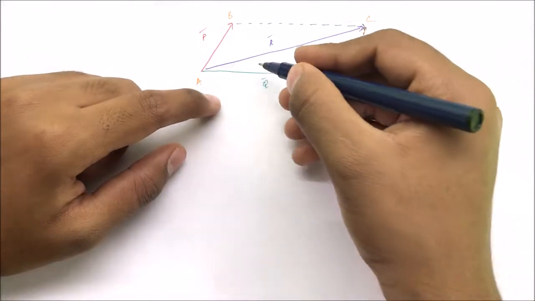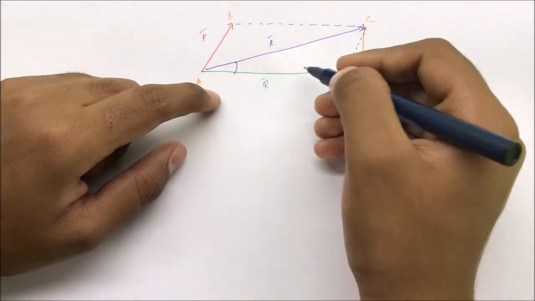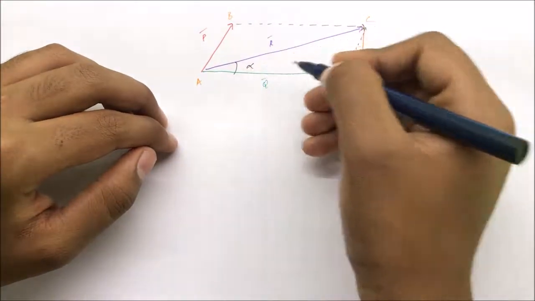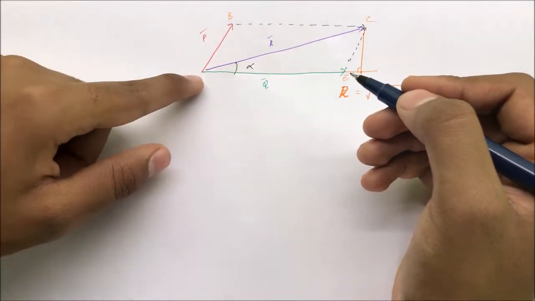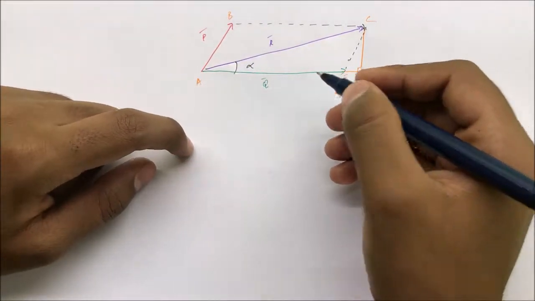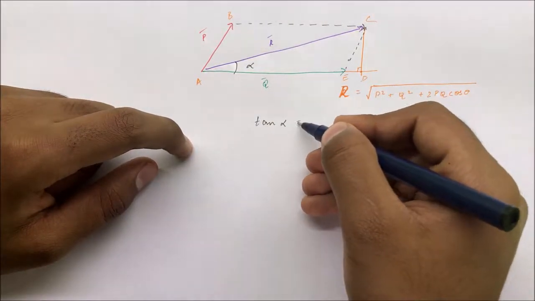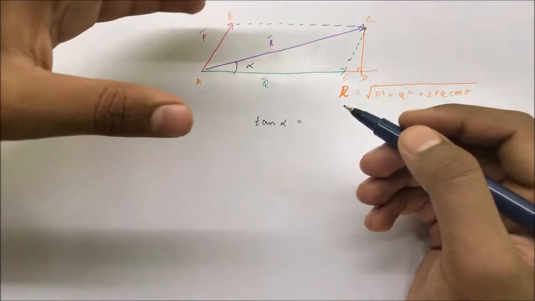Now let's take the angle made by the resultant with the horizontal vector, or the vector parallel to the x-axis, to be alpha. The angle made by the resultant with the vector that's parallel to the x-axis is alpha. Now if you see tan alpha, tan of anything is opposite by adjacent in a right angle triangle.